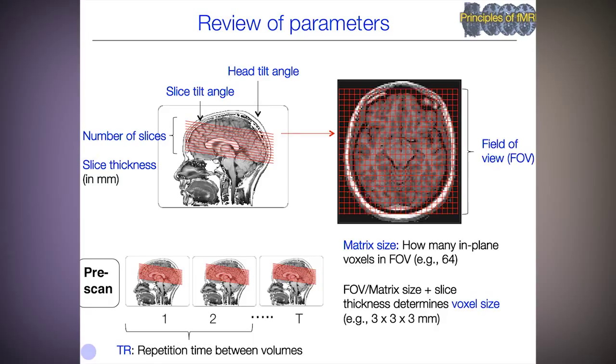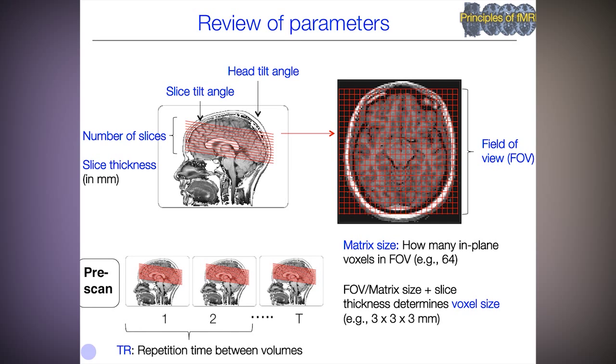When we sample one slice, the area that we're sampling in that slice is the field of view, and there's also a grid that the data are sampled on, and the matrix size refers to how many cubes you divide up that field of view into. So a typical matrix size is 64. For high-res imaging, it can be greater.